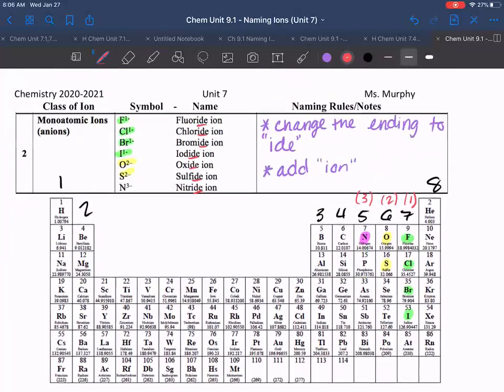Any questions on monoatomic anions? Sweetness, okay. Now, these are the elements that are nice. They typically, like almost 100% of the time, always form these charges.